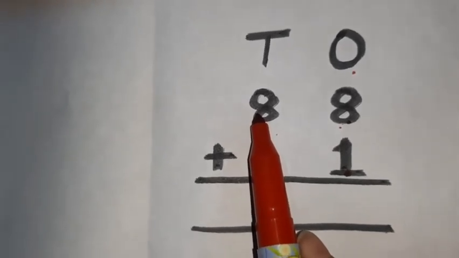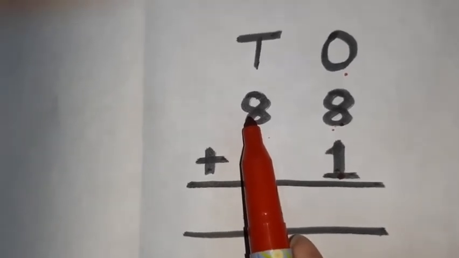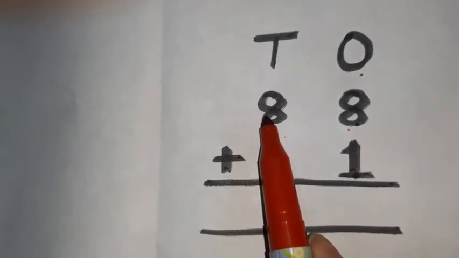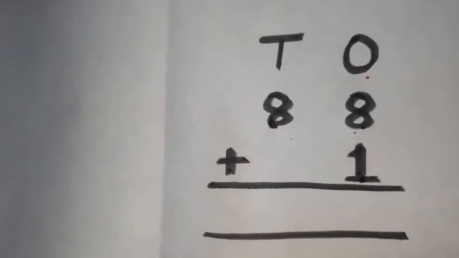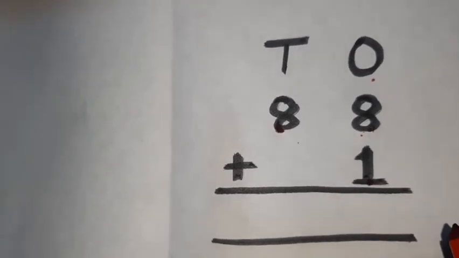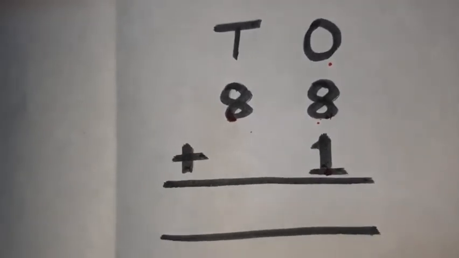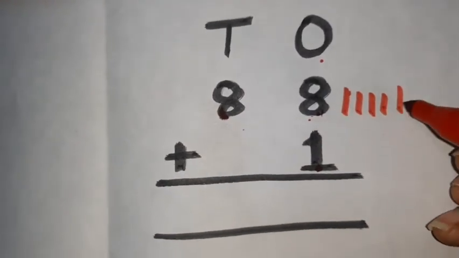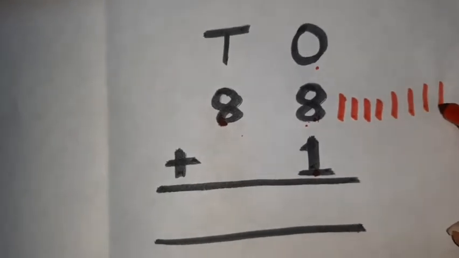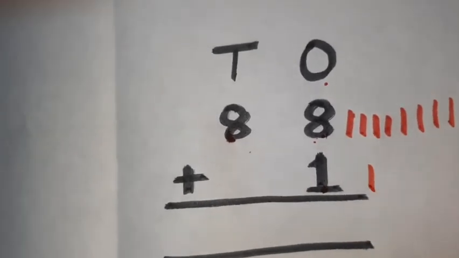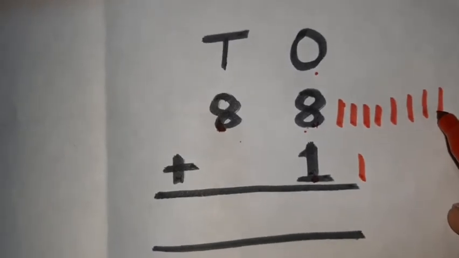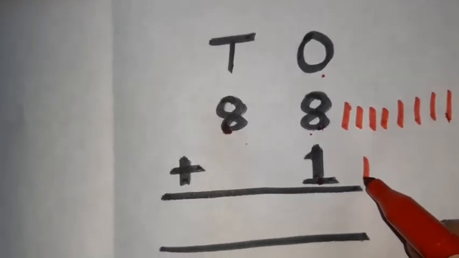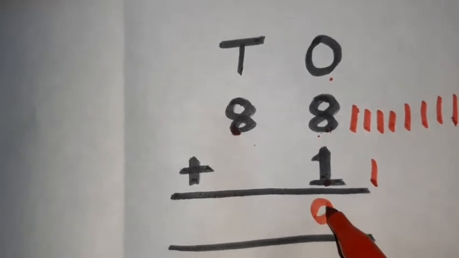So we have written them respectively according to their places. Now we are going to add them up. Let's add ones place digits first. 8 plus 1 will give us, yes, we can draw lines and do the addition. Let's draw 8 lines. 1, 2, 3, 4, 5, 6, 7, 8. And here we have 1 line. So till here we have 8 lines, and then we have one more, that is 9. So it will give us 9.